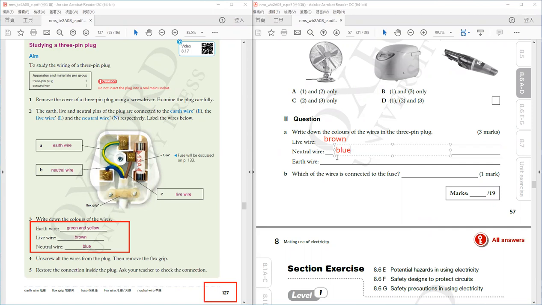For earth wire, we use green and yellow. You have to pay attention that always the live wire is connected to the fuse. Okay, therefore you should be able to write live wire.